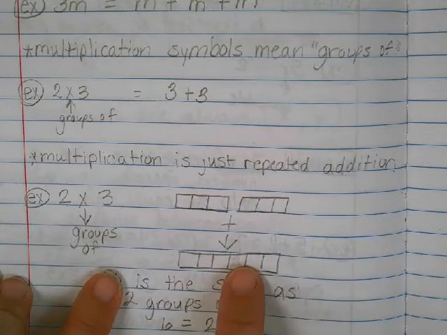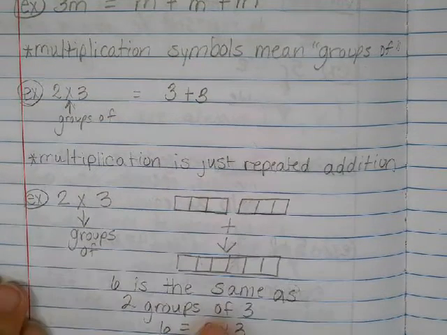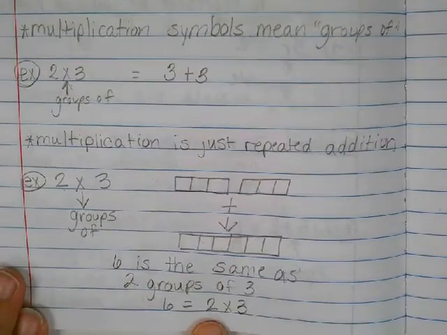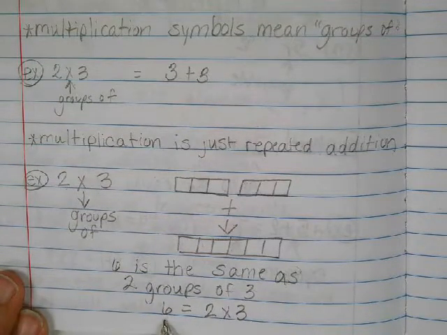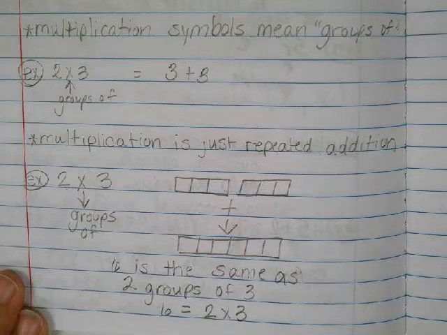If we add those together, it now becomes 6. So we would read that as 6 is the same as 2 groups of 3. And then our equation would look like this. 6 is the same as 2 groups of 3.